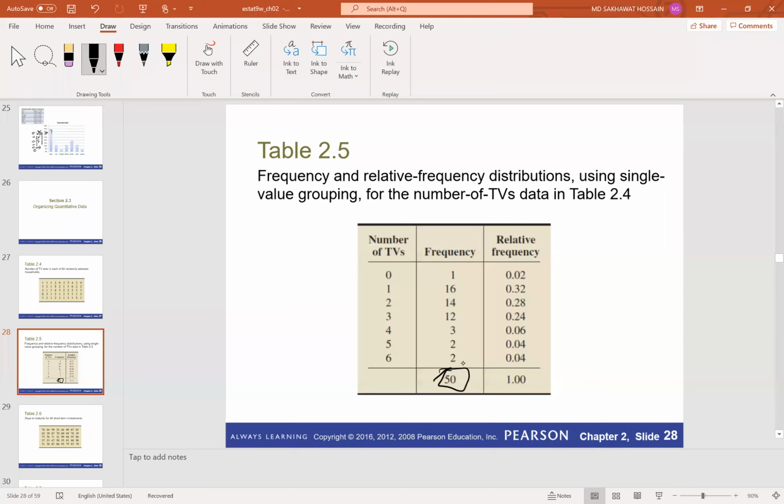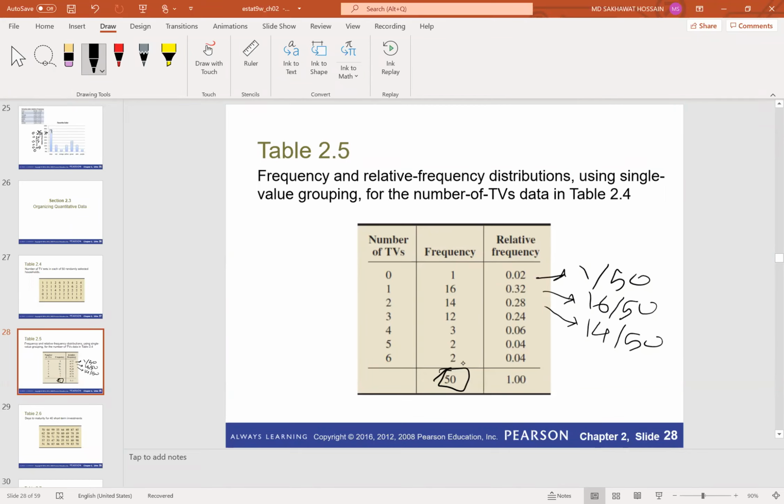To calculate the relative frequency, you divide each frequency by the total number of observations. So the first one is 1 divided by 50, then the second one is 16 over 50, and 14 over 50, and so on. If you add them together, the total will be 1.